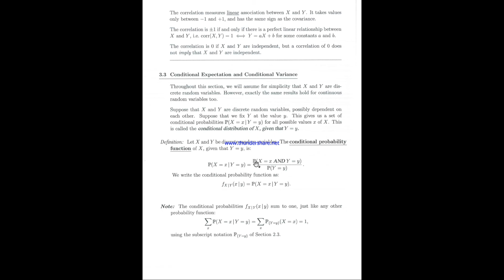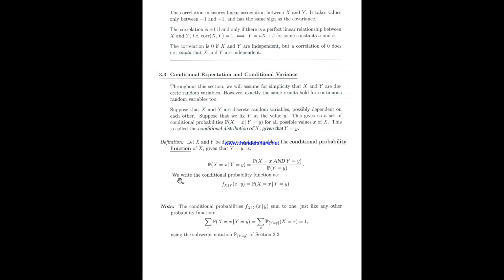This is equal to the probability that capital X is equal to small x and capital Y is equal to small y, divided by the probability that capital Y is equal to small y. These come from the conditional probability part we discussed, so you can apply the same concept.